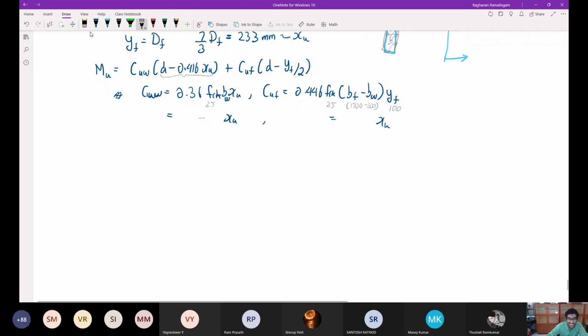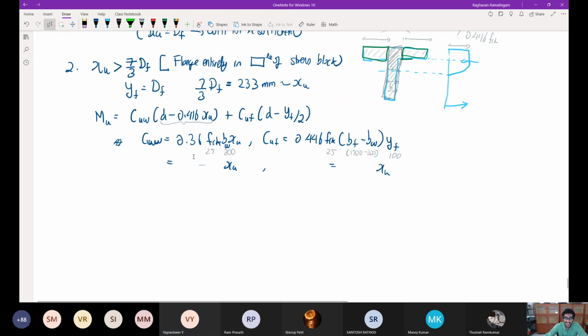Actually, XU won't come here. Retain this also in terms of YF. I'll tell you the reason later. This is in terms of XU, this is in terms of YF. So just give me what these numbers are.